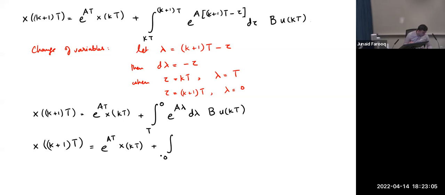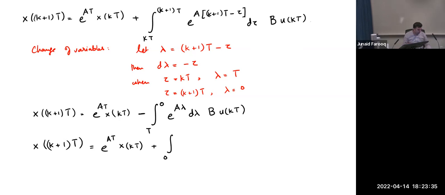I think I made one more mistake here, since there was a negative sign. Yes, there's a negative sign here, which can be reversed by reversing the integral.